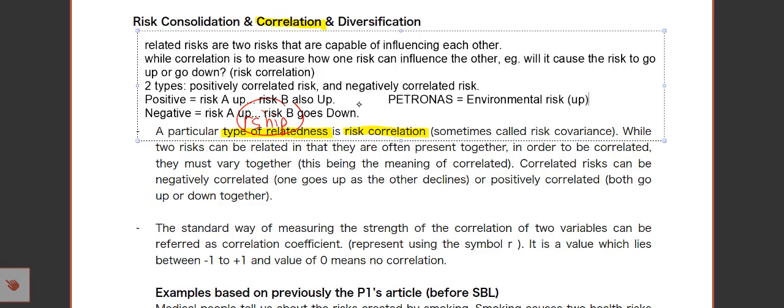And when environmental risk goes up, you know that reputation risk goes up. And there is nothing Petronas can do to reduce its environmental risk, in the sense that the nature of their business is such that they are doing oil and gas.